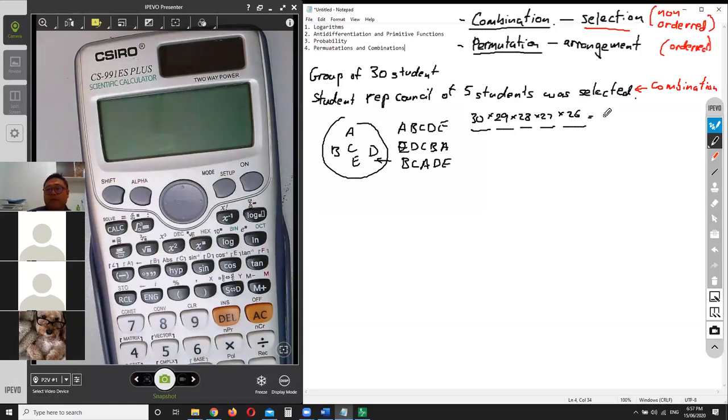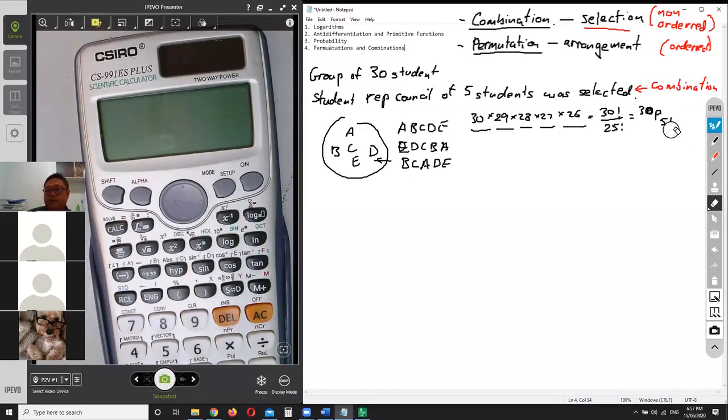What's a way of expressing that? 30 factorial over 25 factorial, or 30P5. And you don't need a factorial sign there.